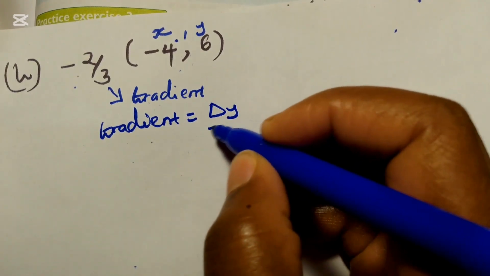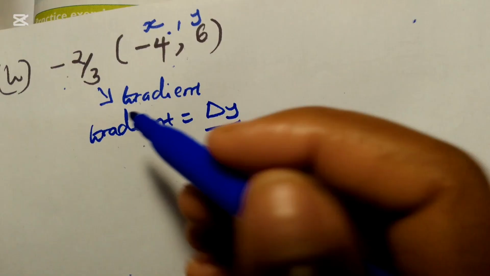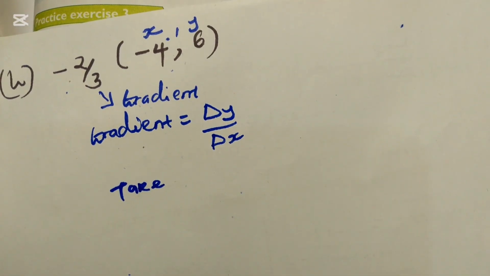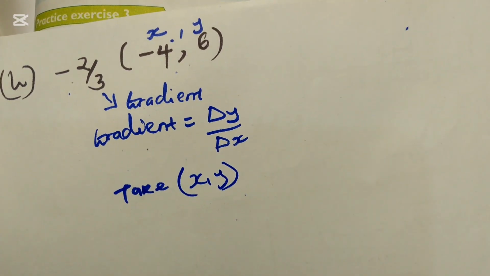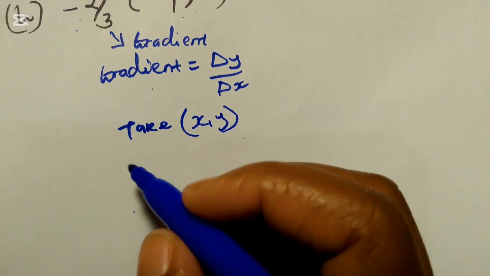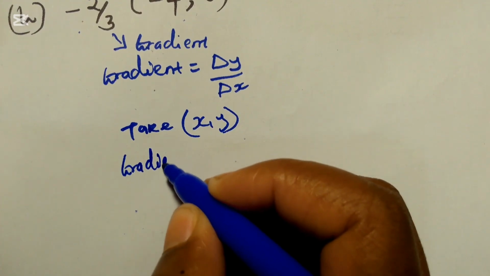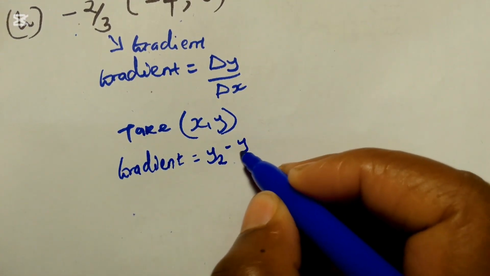change in y over change in x. So we are going to take a known point from that line, which is x comma y, and from there we know that gradient, which is change in y, just means we take y2 minus y1.